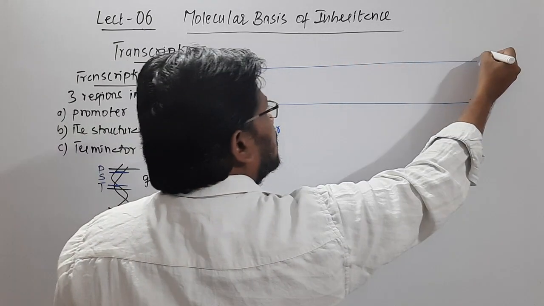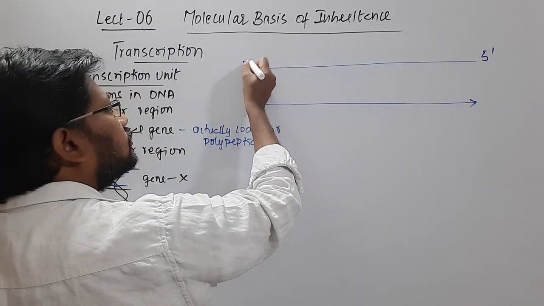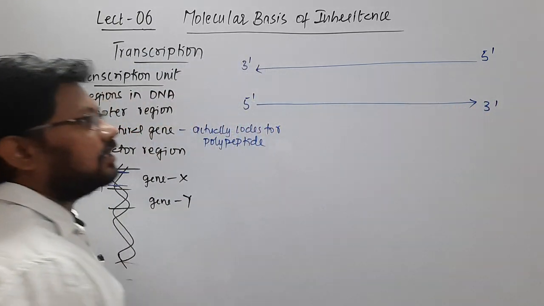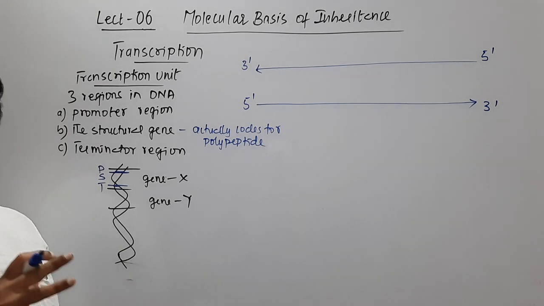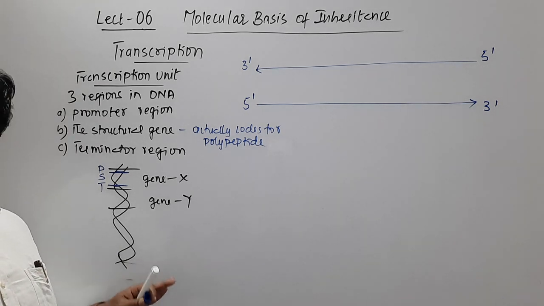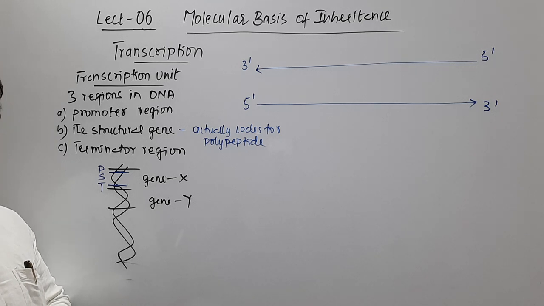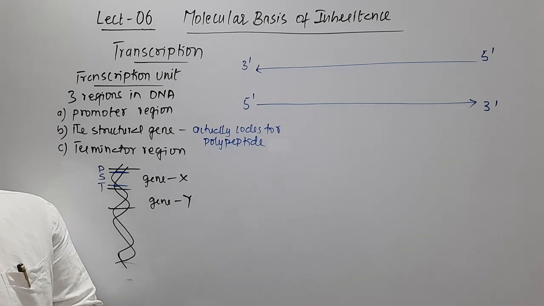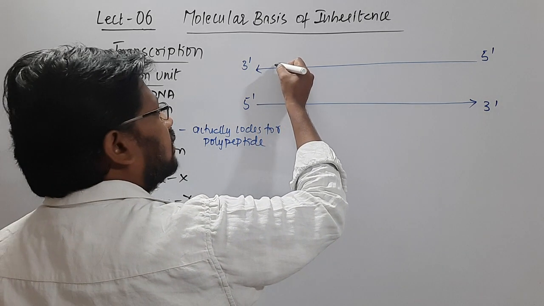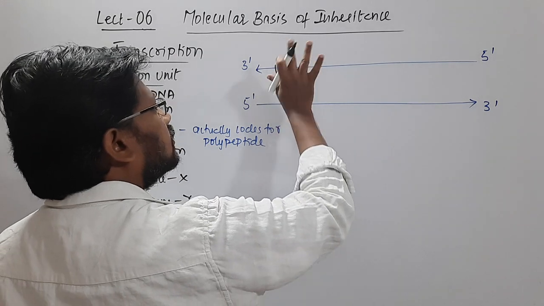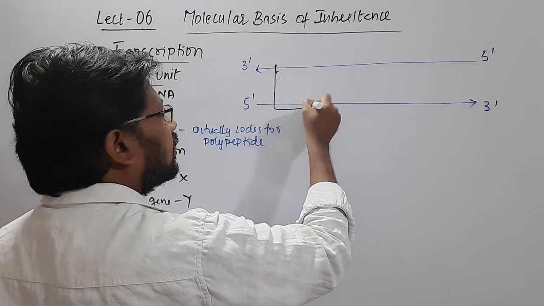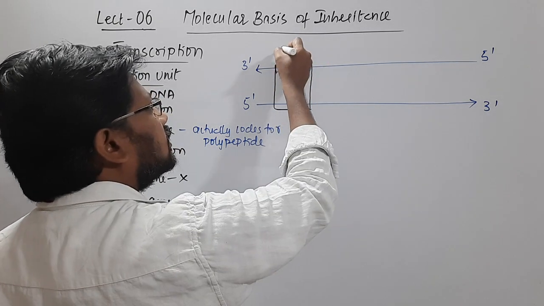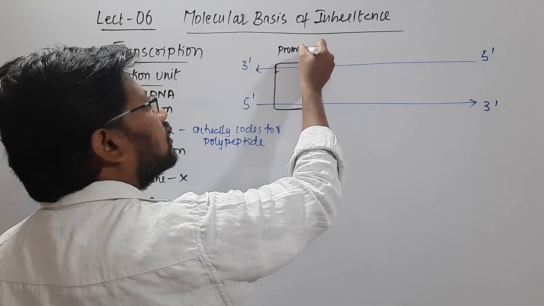So this is 5' to 3', and this is 5' to 3'. Say suppose this is a region of DNA. We are not studying the entire DNA molecule; I have taken only a part of the DNA molecule. This is the region with some specific sequences, and it is called the promoter region.